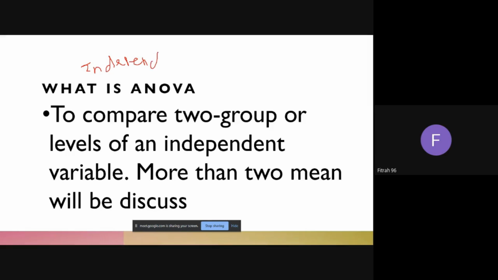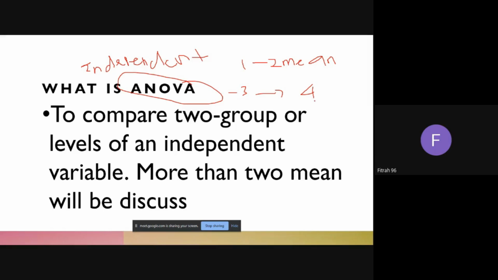Independent, okay, one ke two mean. But dalam Anova, kita ada paling tidak 3 ke 4 mean. Depend on the grouping in the variable.